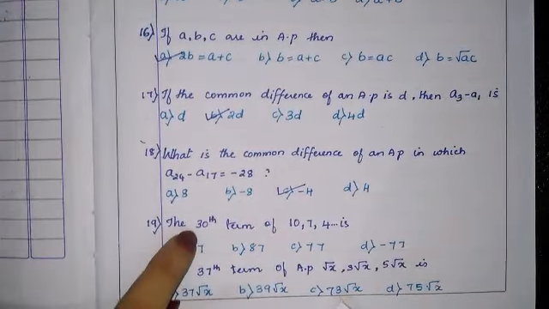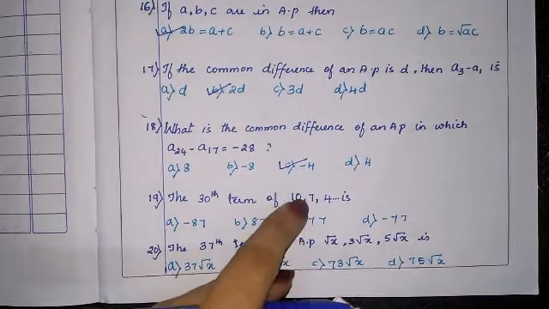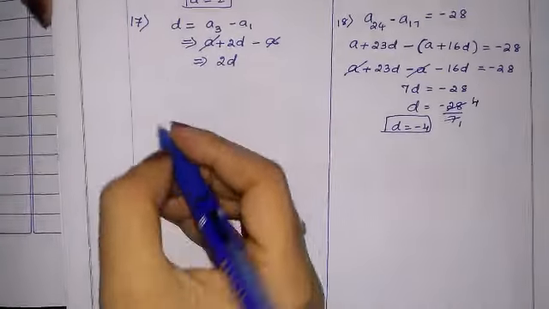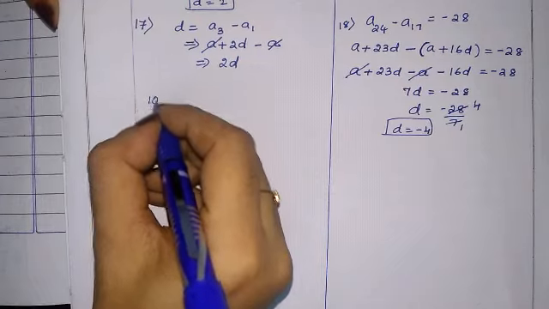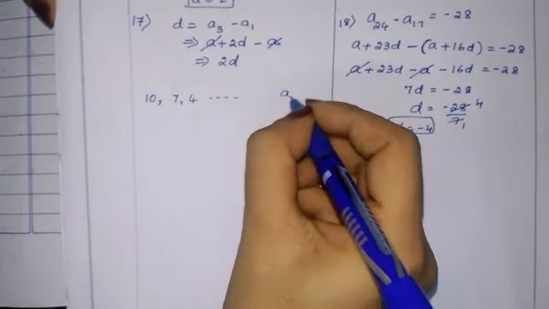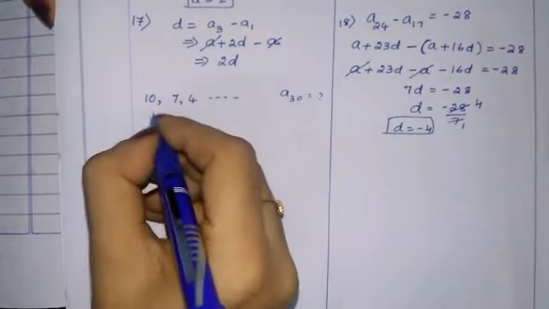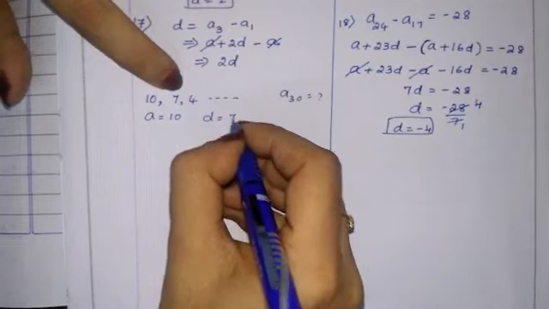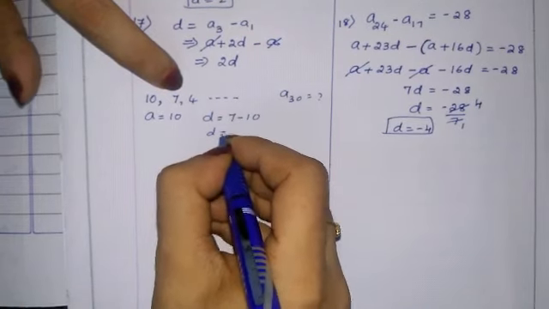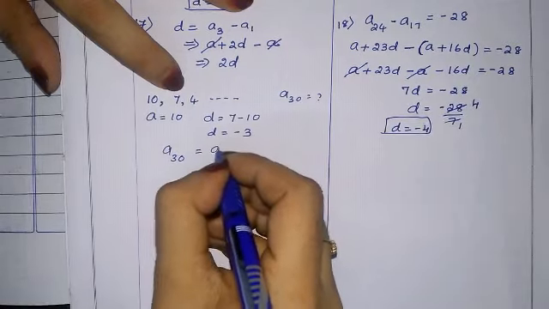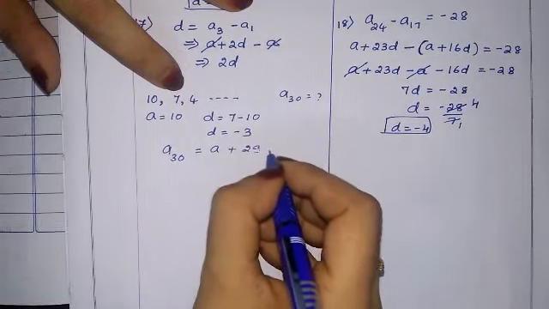Okay, the 30th term of 10, 7, 4 is, okay, 10, 7, 4. The 30th term of 10, 7, 4 means A30 we have to find. A is equal to 10. D is equal to the second term 7 minus 10. D is equal to minus 3. So A30 is equal to A plus 29D.